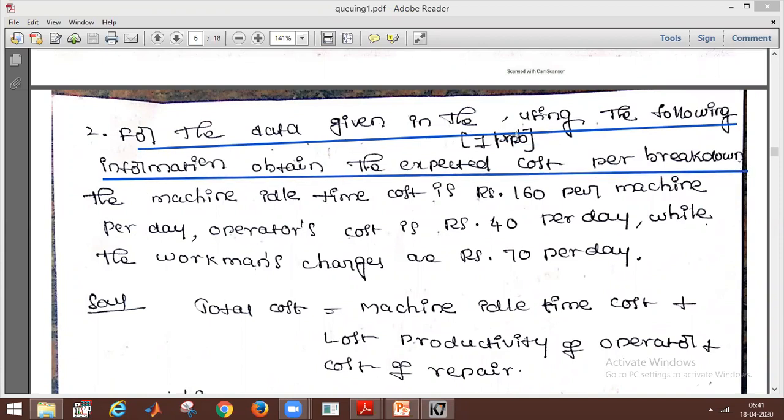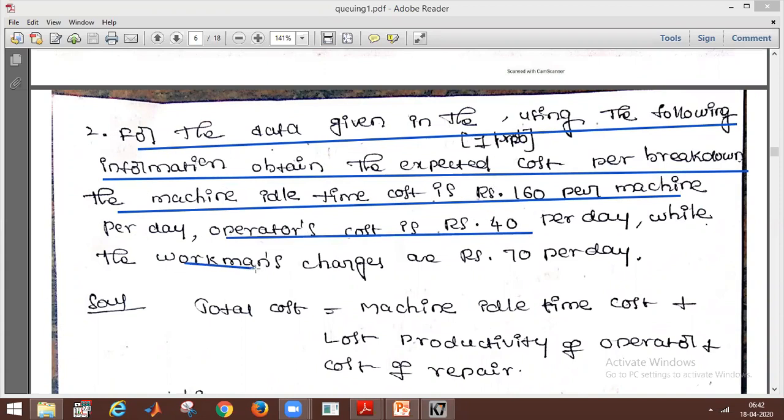So we have to calculate the expected cost. The machine idle time cost is 160 per machine per day, the operator cost is 40, and the workman charges are 70. Okay, so the given data is this one.